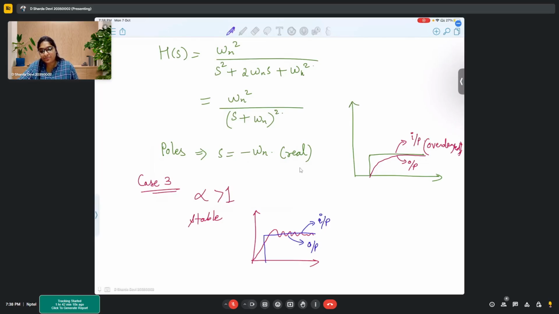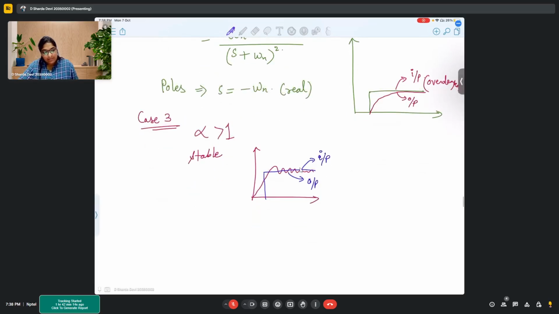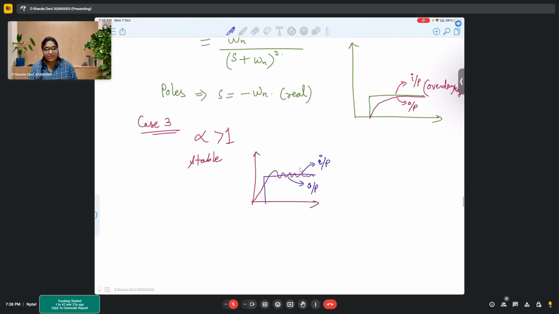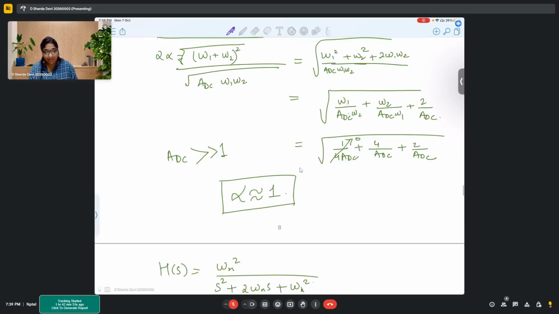So that's how the alpha, or the damping factor, basically defines the behavior of the system. Most of the time we comment on the system based on this alpha factor.